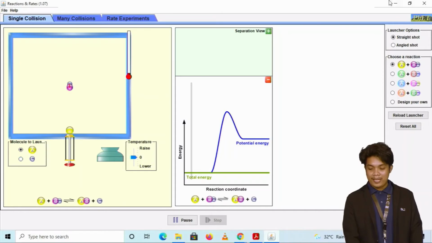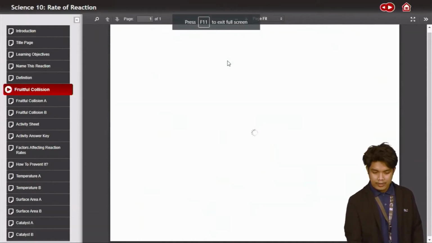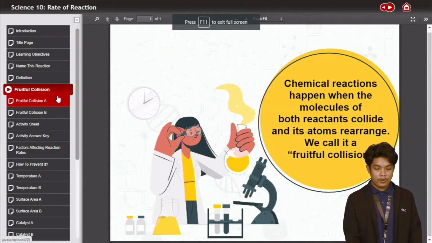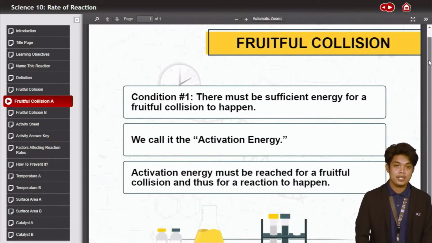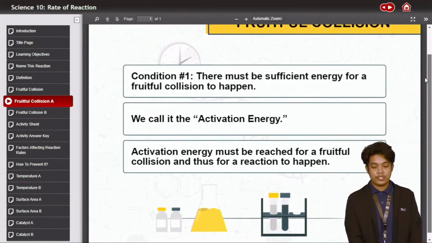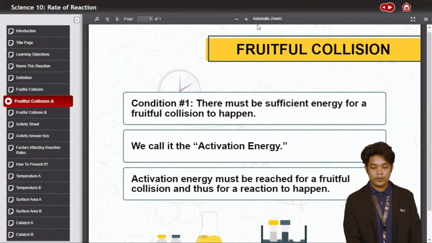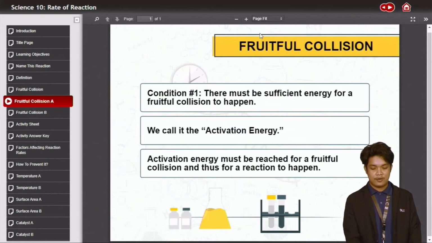In summary, let's summarize what we have learned from our simulator. There are two conditions which can make a fruitful collision happen. Condition number one: there must be sufficient energy for a fruitful collision to happen, as we've already discussed. We call it the activation energy.